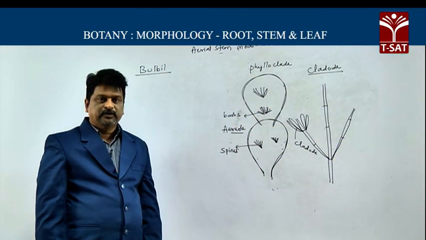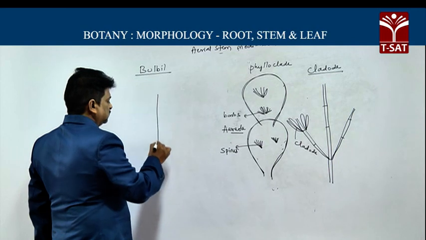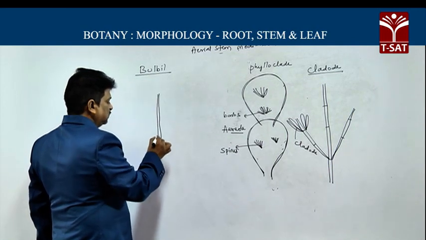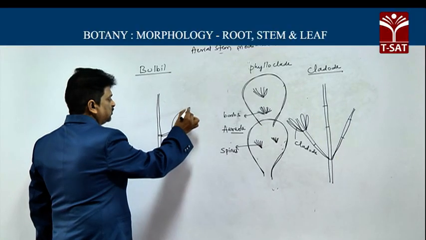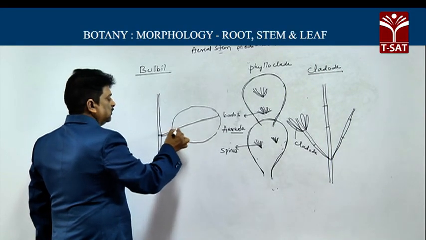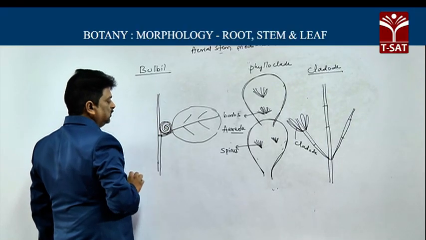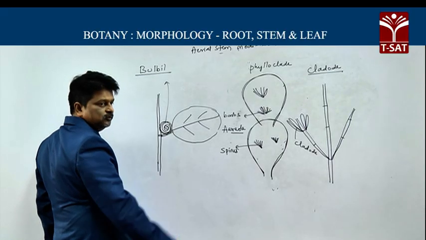So the next modification is bulbil. What is a bulbil? A bulbil is a vegetative or a floral bud. When it is present on the plant, it stores food.